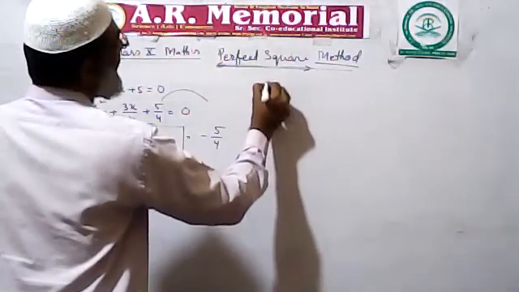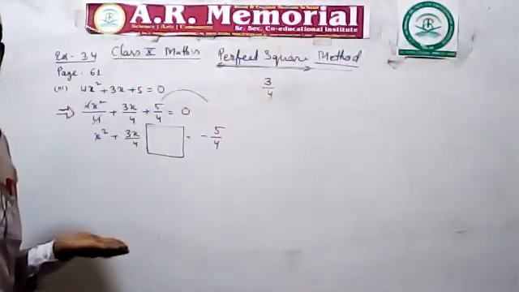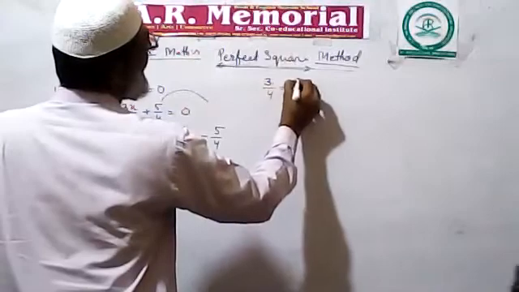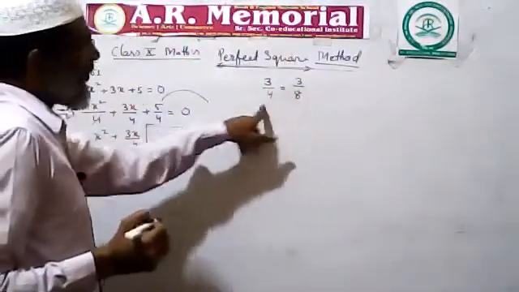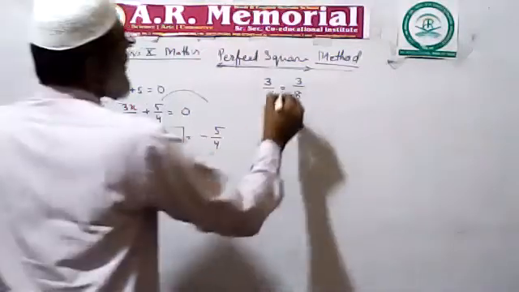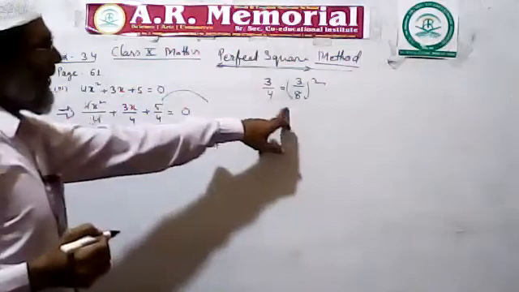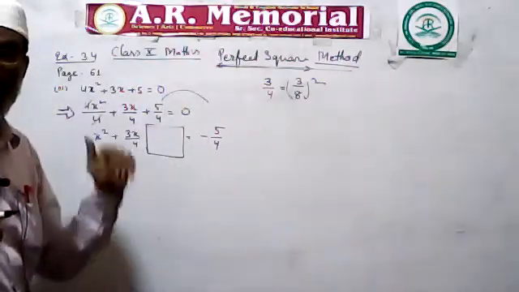This is the b, but we take the square of its half. Sir, how can we make its half? Look carefully, double of the denominator is the half. This is the half of this, and its square, 3 upon 8 square. In the LHS and also in the RHS, we add it.